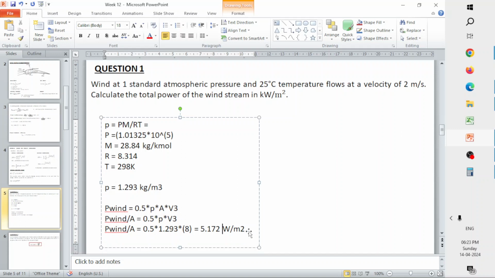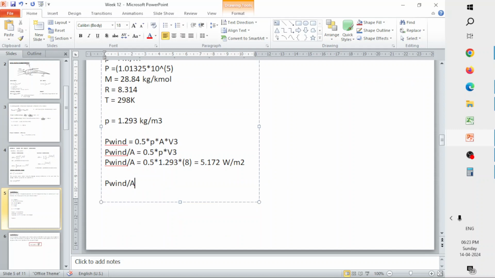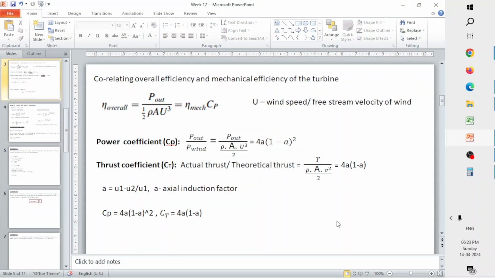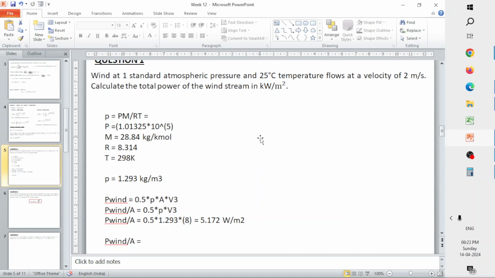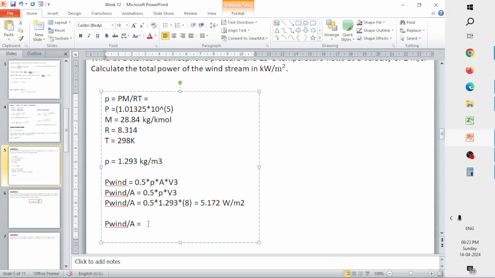So if you take it in terms of kilowatt per meter square, if they want you to express it that way, then it will be a very small value.